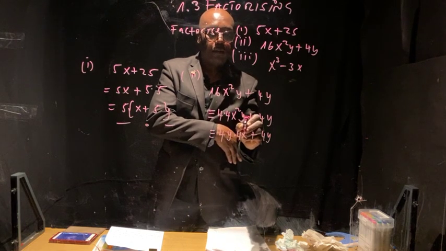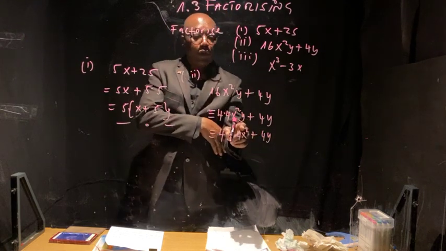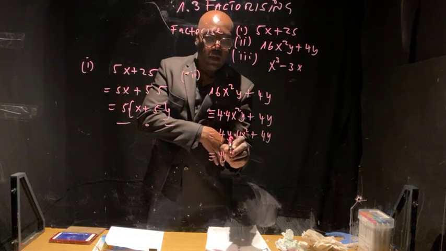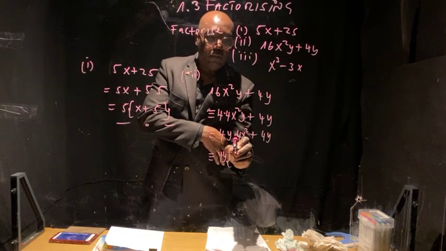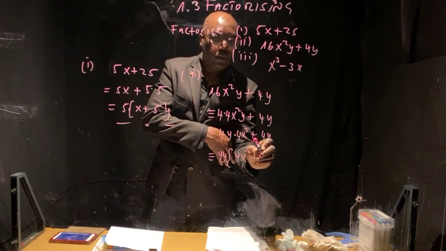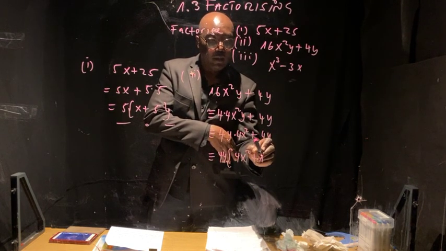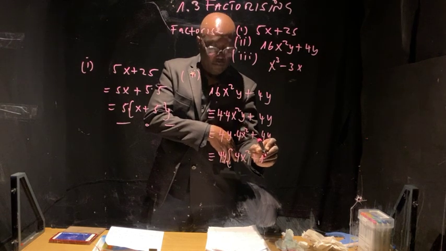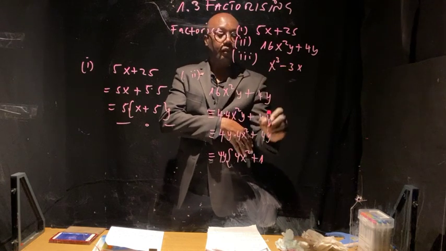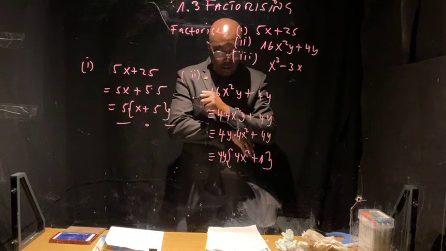You have 4y here, you have 4y here. So you can factorize the 4y out. So it becomes 4y outside the bracket, 4x squared plus 1. Yeah, this is it.